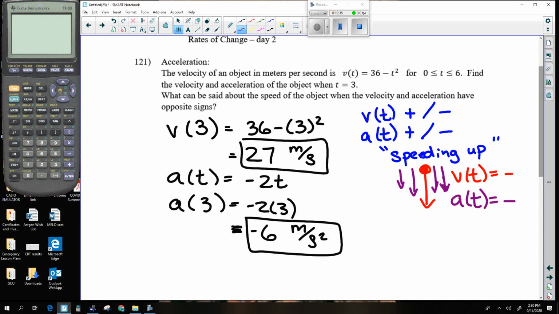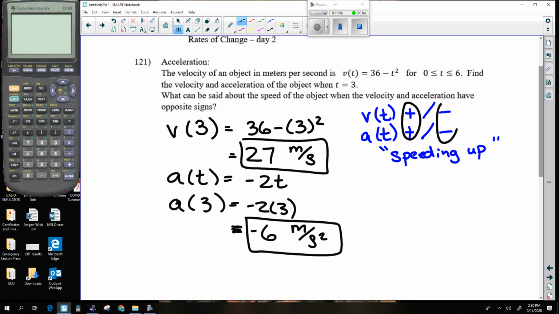So that ball is speeding up. It's going faster and faster downward. So bottom line, if velocity and acceleration have the same signs, then it is speeding up. If they have opposite signs, then it's slowing down.